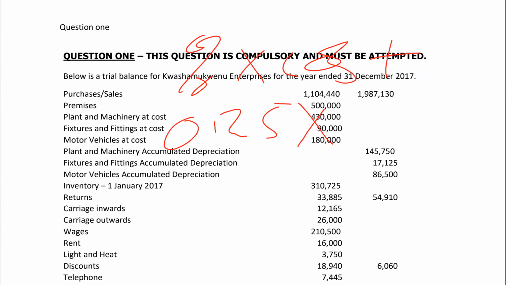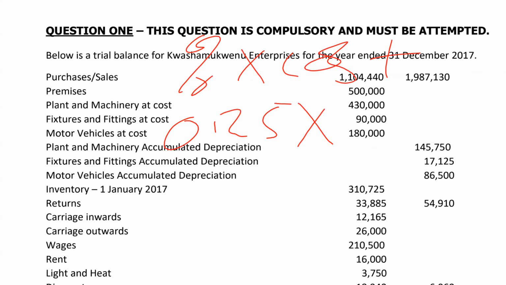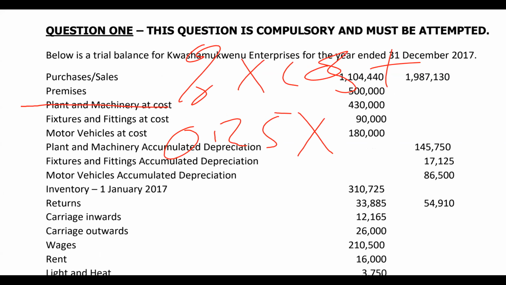Or the cost, sorry, no, that's accumulated depreciation. The cost is for plant and machinery. The cost is, so how much is this? Are you able to see? Check plant and machinery. Yes, cost for plant and machinery. It's 430, right?